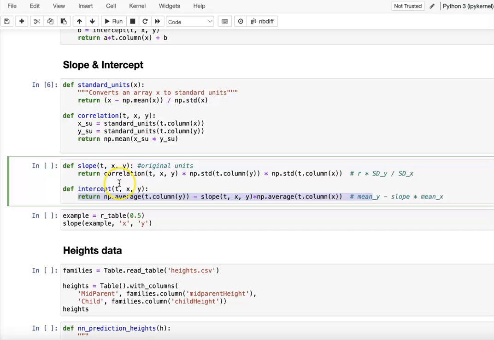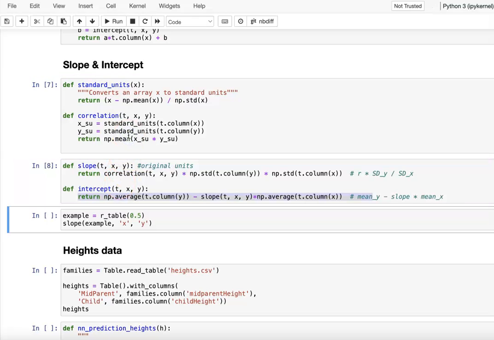After we have these two functions implemented, we can just see the example. You have your correlation coefficient value, you plug it into the R table, and it gives you 1000 XY pairs, so then we can have the scatter plot.